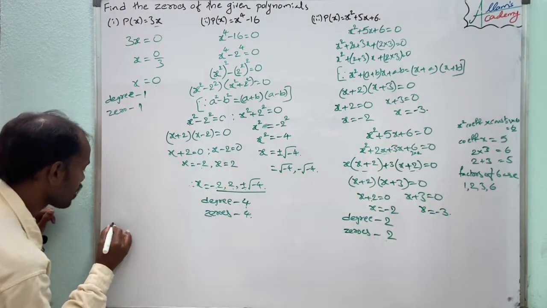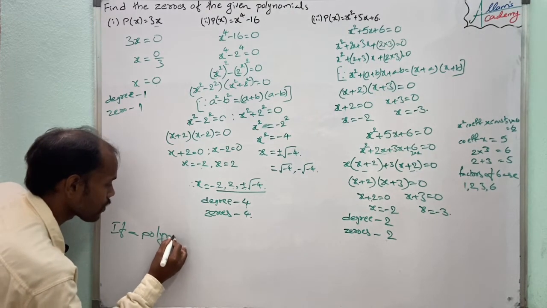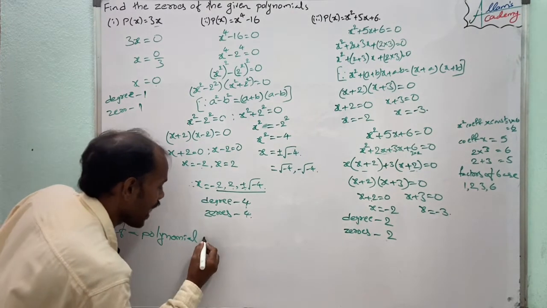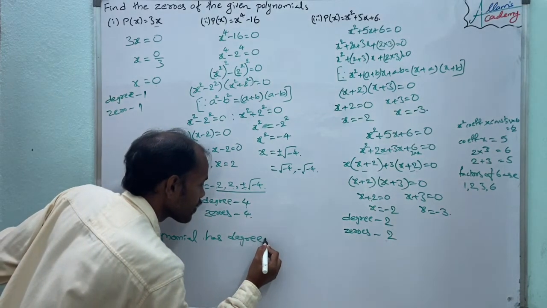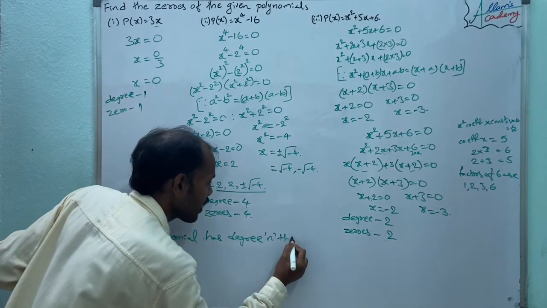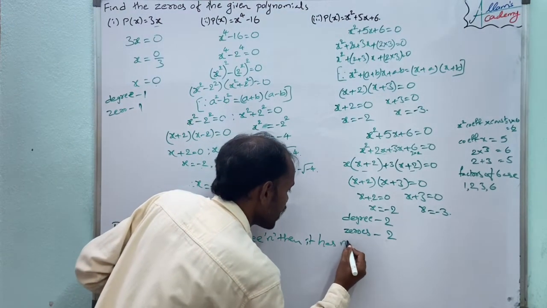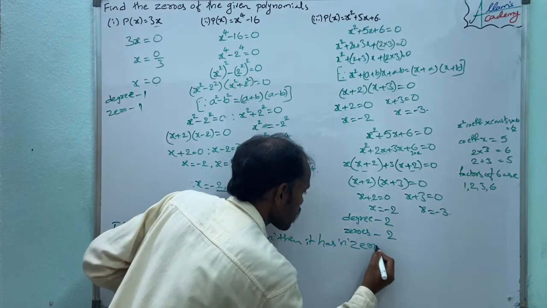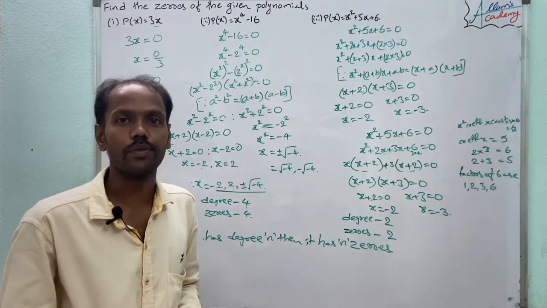So we conclude that if a polynomial has degree n, then it has n zeros.